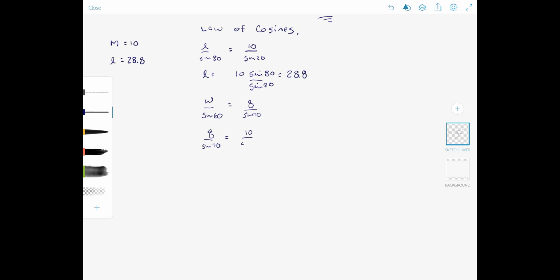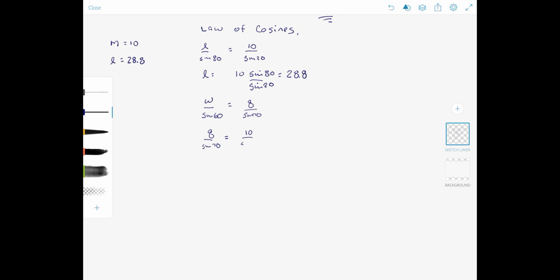I was able to work out all of the different sides. I know that this triangle here with X, we're trying to find X. X is the key.